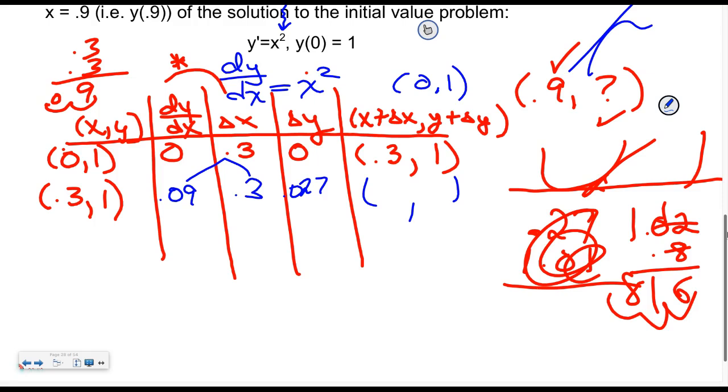Where will I now be? Point 6, exactly, and 1.027, exactly. I'm just saying, okay, I was at 0.3, going forward 0.3, I'll be at 0.6. I was at 1, going up 0.027 will be where I am sitting.